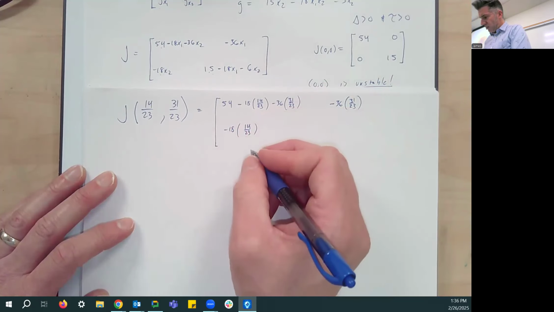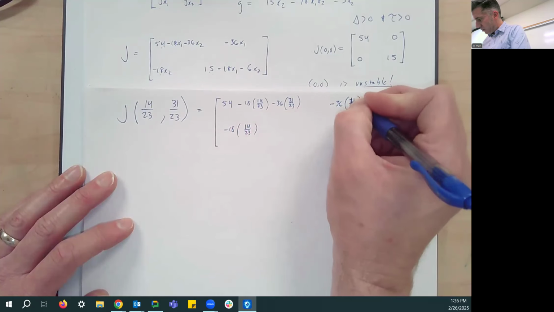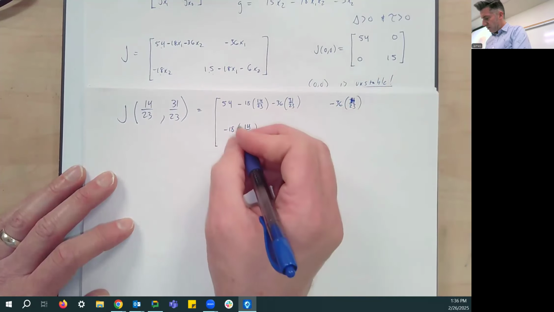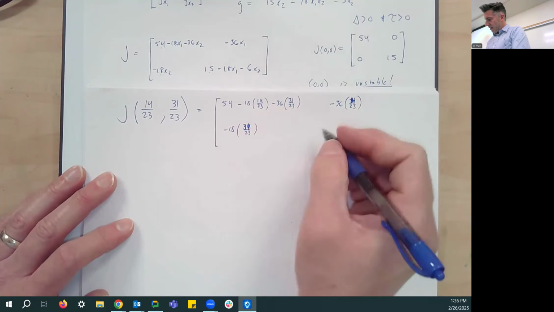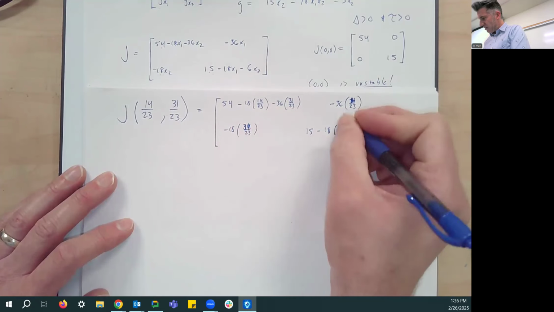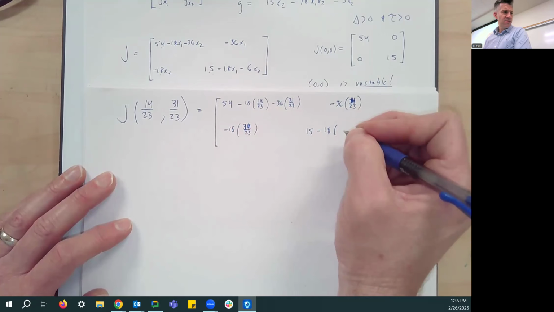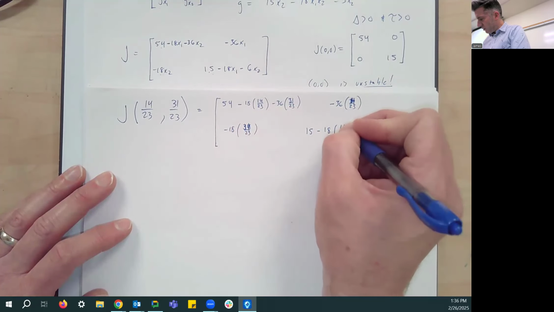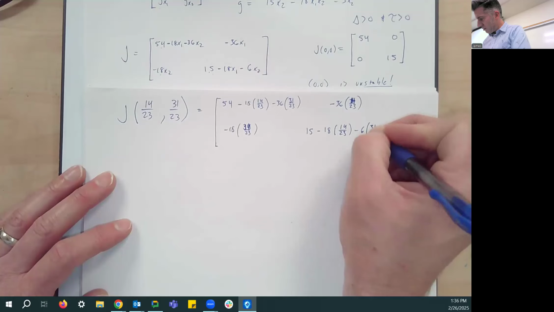Oh, sorry, I got those backwards. That should have been the 14/23 over there. This should have been the 31/23 over here. And finally, the last bit, 15 minus 18 times 14/23 minus 6 times 31/23.